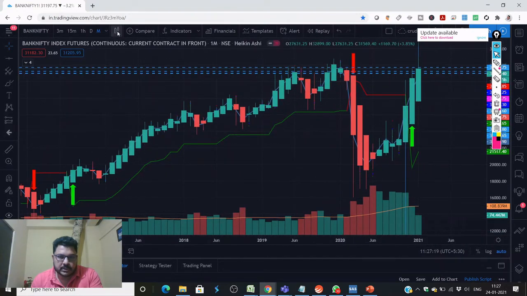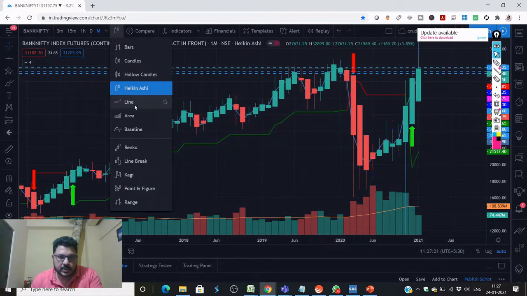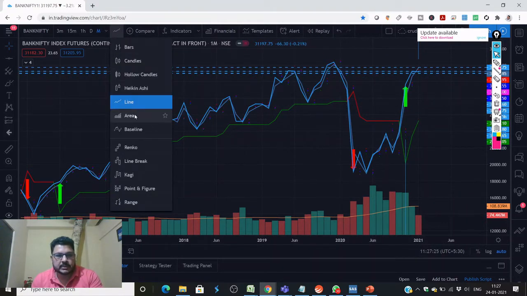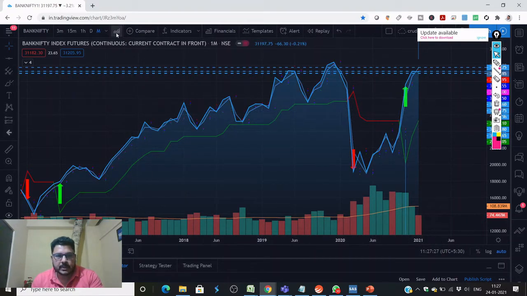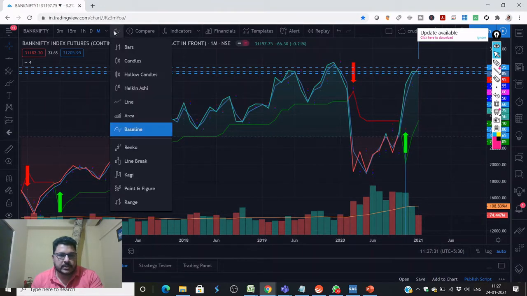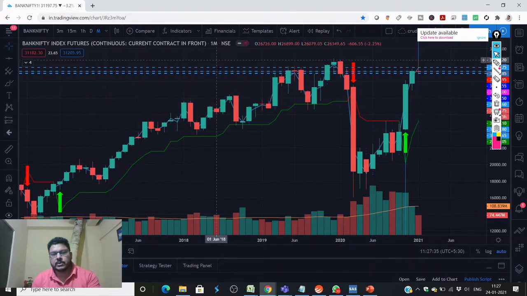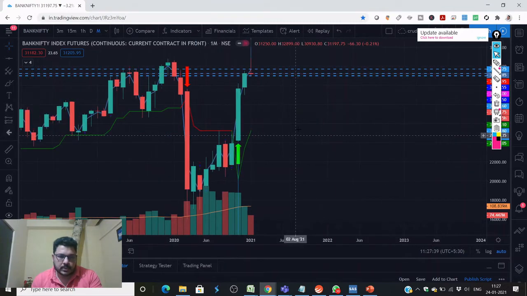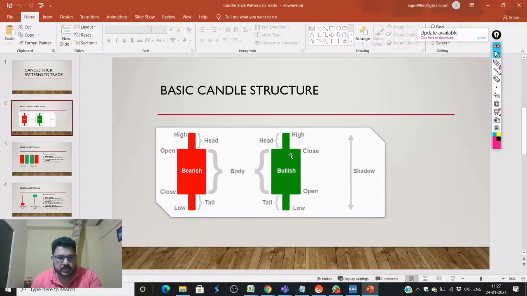Each chart is different and the way you have to use each chart is very different. This is a line chart, and there is an area chart and a baseline chart. But most traders prefer candlesticks and also Heikin-Ashi, because if you are a trend trader you can use Heikin-Ashi candles. Candlesticks were actually invented by the Japanese, and you can Google the history of that.